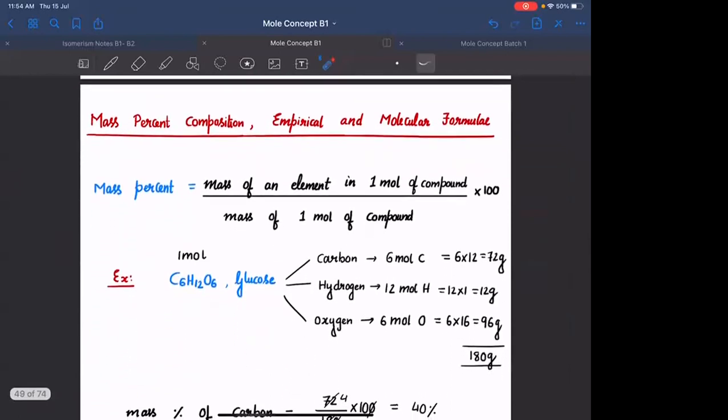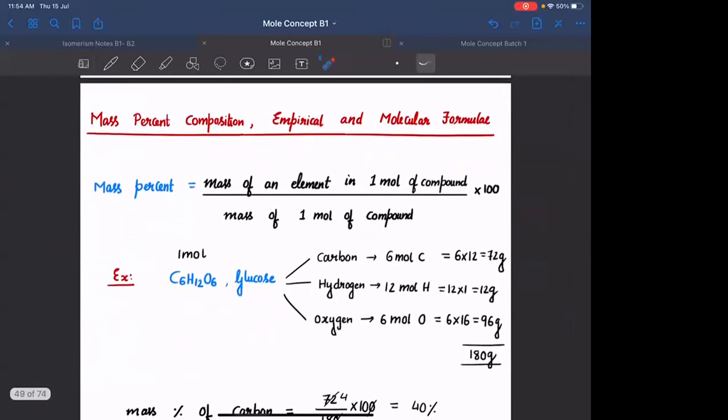Okay. In the last lecture, we have seen how to calculate the mass percentage of any given element in a given compound. The mass percentage of the given element is nothing but mass of that particular element divided by total mass into 100. Usually we will be taking 1 mole of the compound, that is mass of that particular element in 1 mole of the compound divided by mass of 1 mole of the compound into 100.